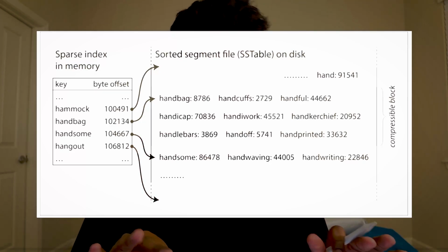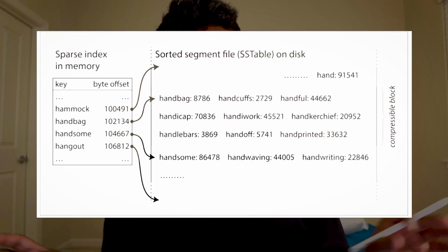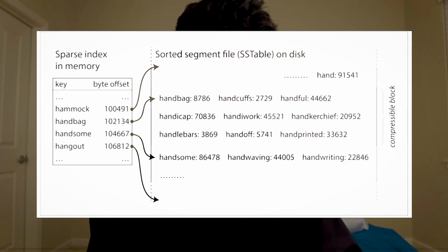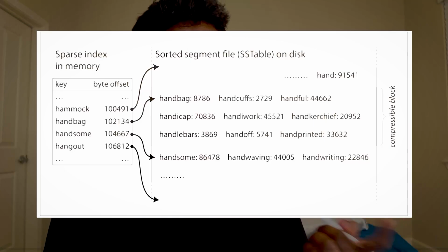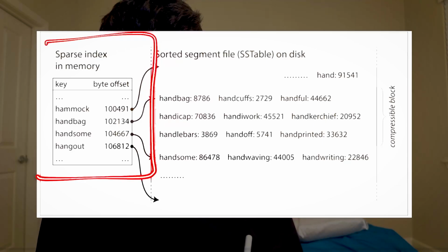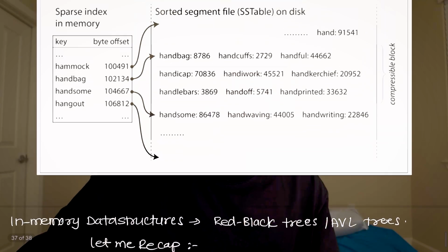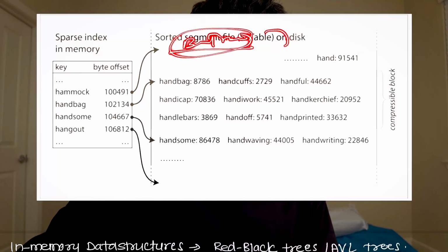What are B trees? What are R trees? Those two are the recent ones that we go over, right? But let me tell you one more important thing about this: the sparse index in memory, whatever we store. Okay, let me recap it one more time. Before that, as I was telling, B trees and R trees are used on disk.